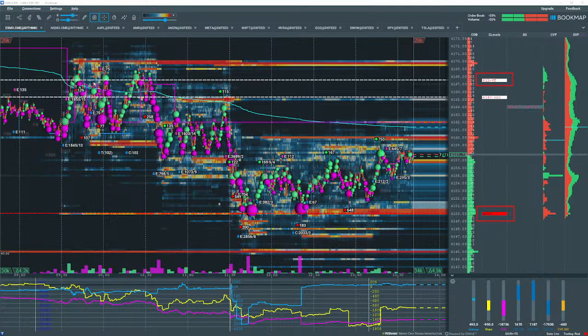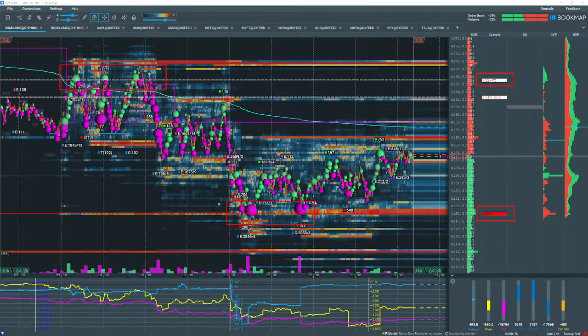And I like the lines. It makes it very easy to see as you're trading these levels again, the SPY volatility trigger at 413 acting as resistance, and the ES 4150 acting as support. And I'll talk more about setups in a few minutes.